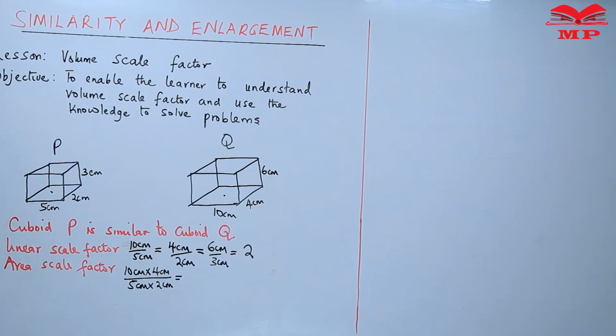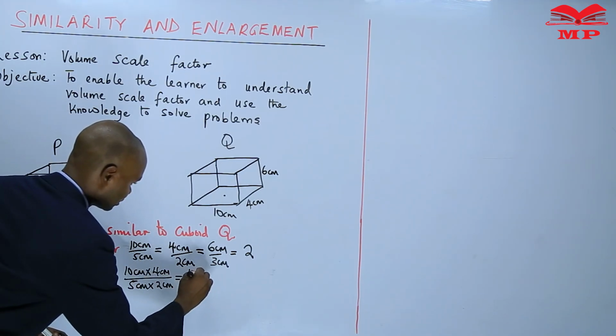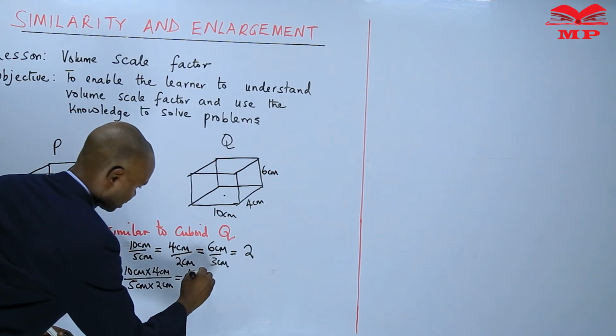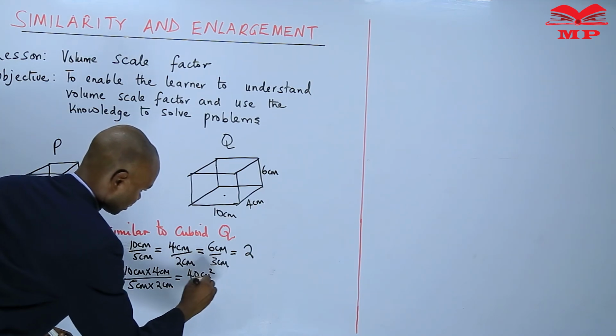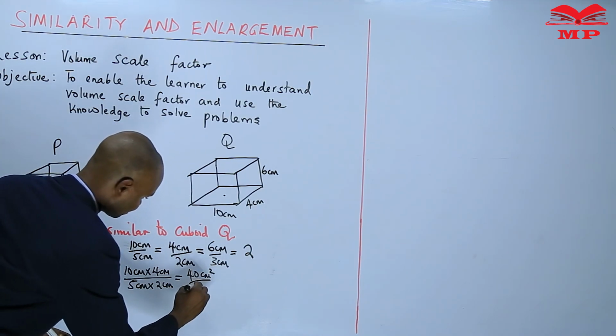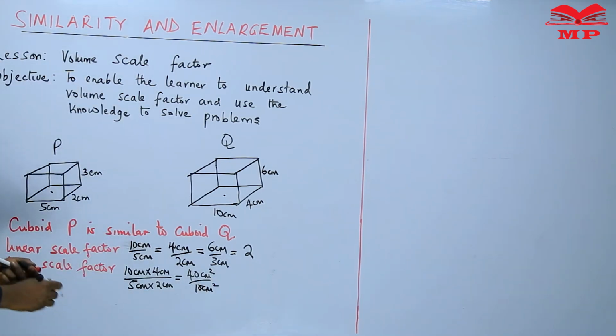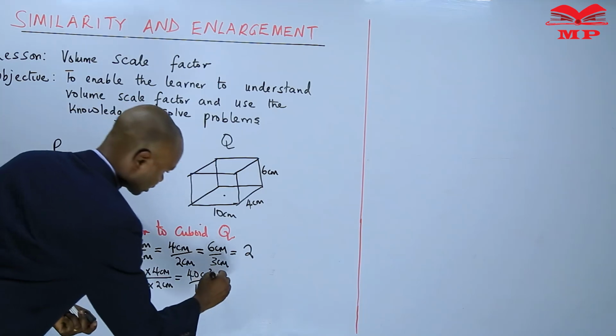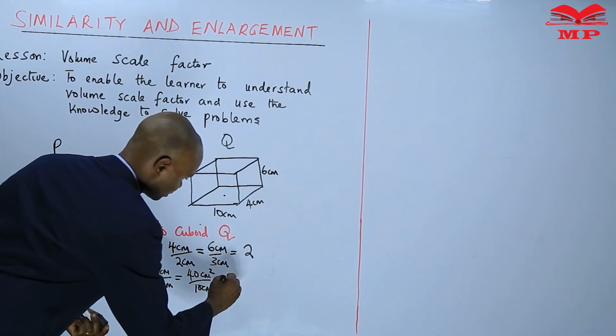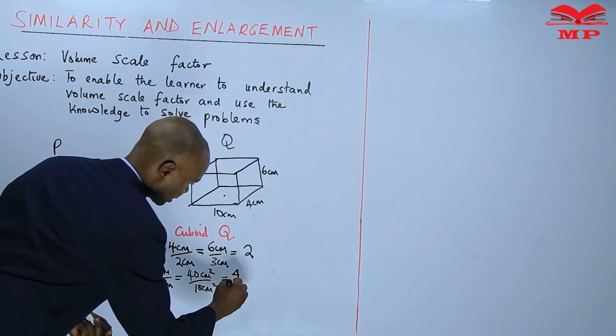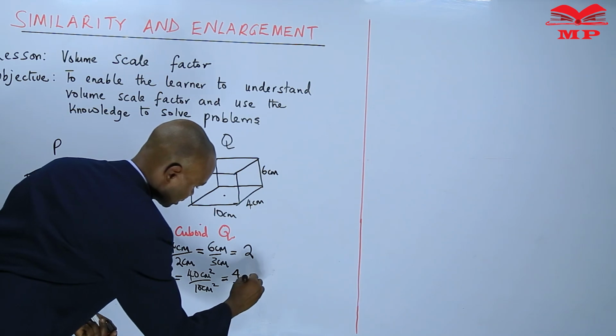If I work that out, I'll get 40 centimeters squared divided by 10 centimeters squared. That works to 4 over 1, which equals 4.